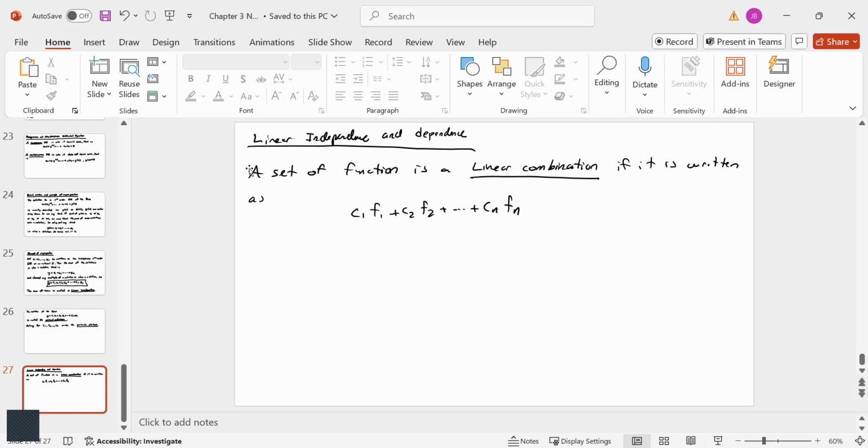That's it. A linear combination is superposition. You're just combining a function with a constant, right? It's the same thing. They go hand in hand, which is great.